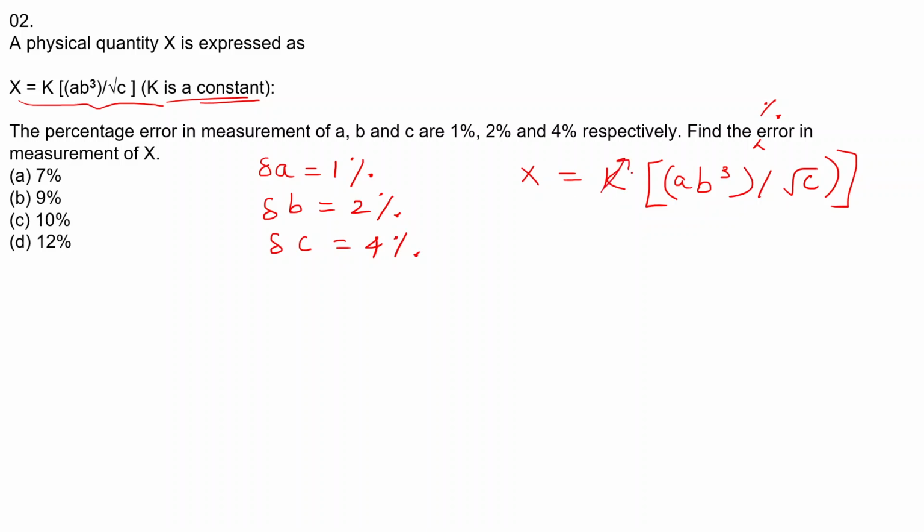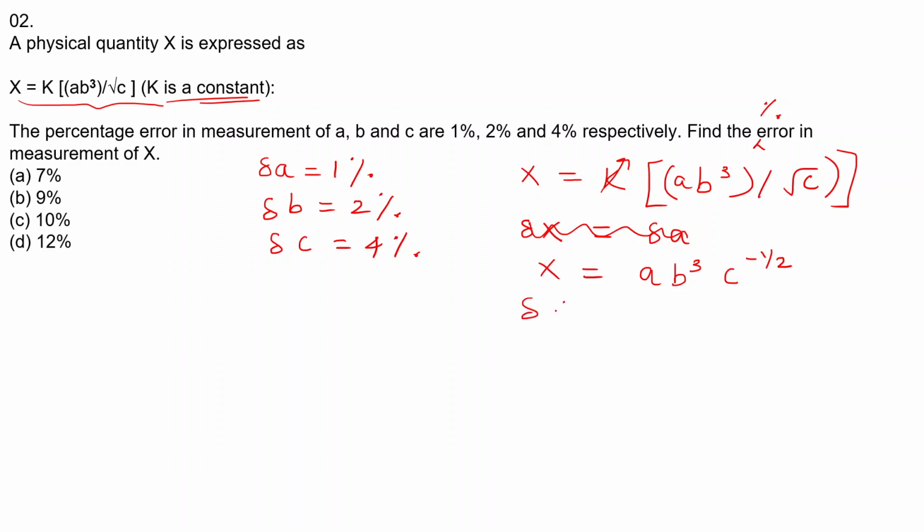So the percentage error in measurement of X will be, let me simplify this first. X is equal to A and B to the power 3, and this is in the denominator, so it will be C to the power minus half. This is the simplified form.